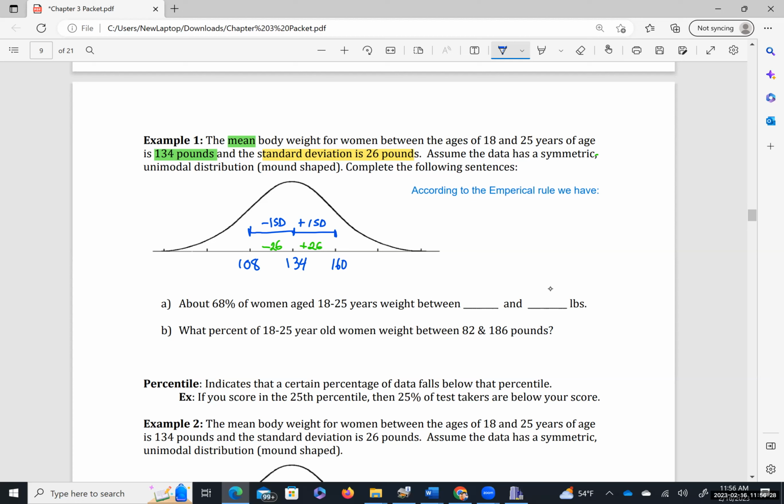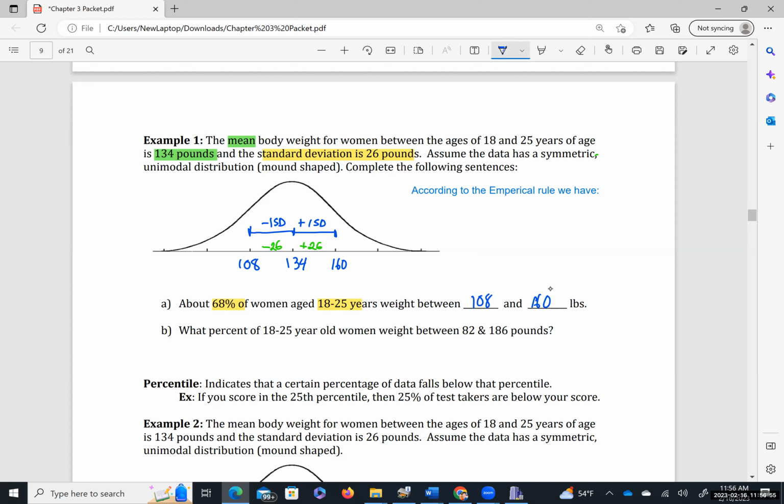So right away, according to the empirical rule, you can say 68% of women aged between 18 and 25 years old will weigh between 108 pounds and 160 pounds.